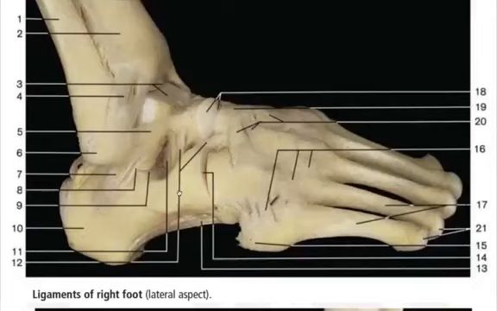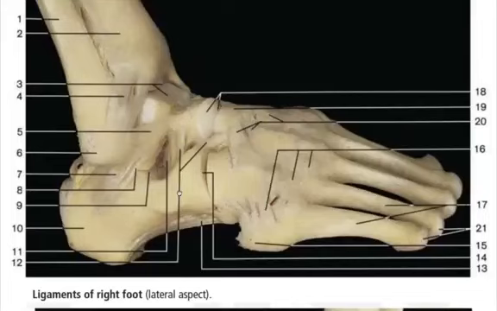In the midtarsal joint, there are two separate joints, right? One is this one and another one is this one. The calcaneocuboid joint, what type of joint is it? Plain synovial.